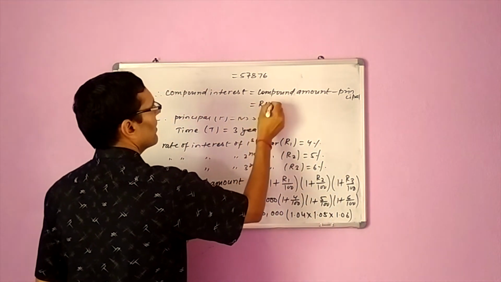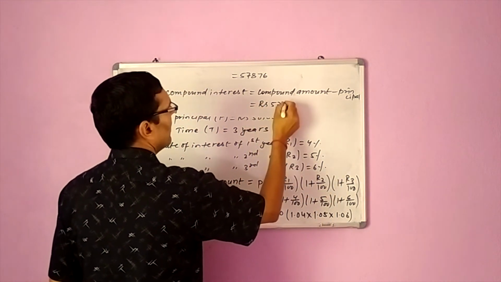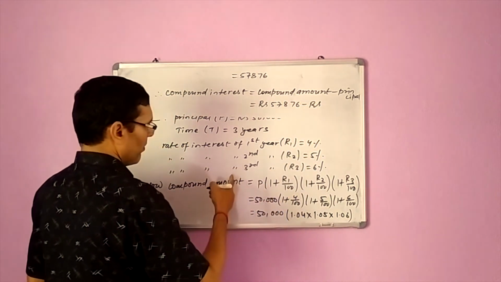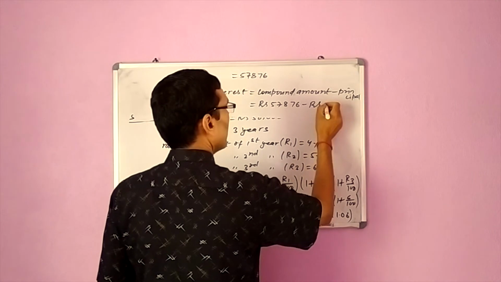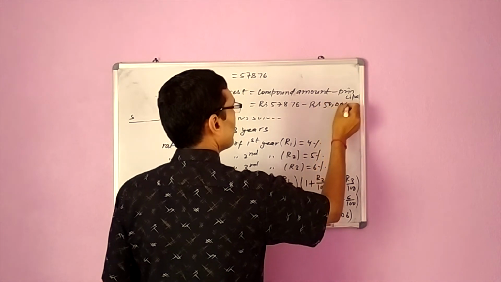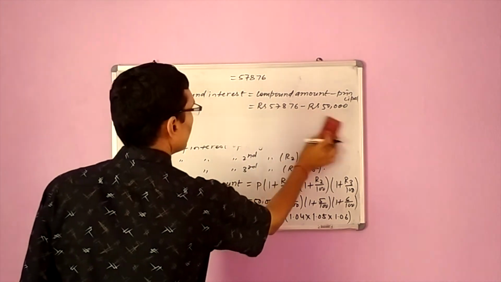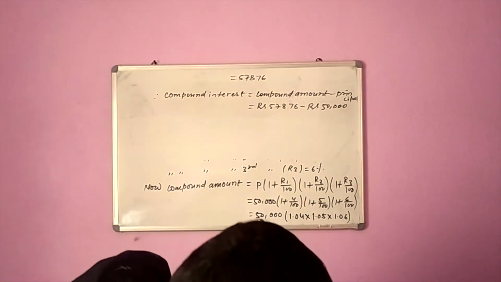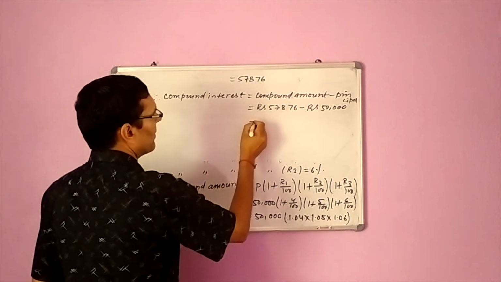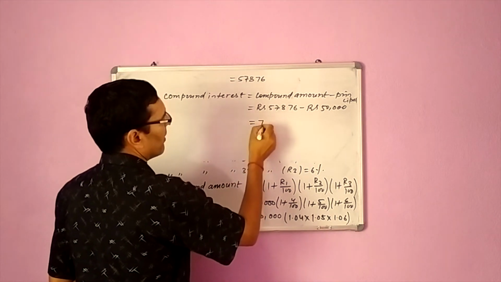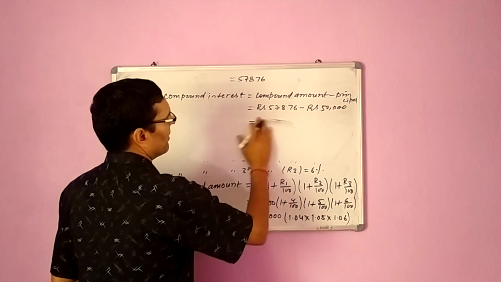So compound amount is 57,876 minus principal rupees 50,000. The difference is 7,876 rupees.